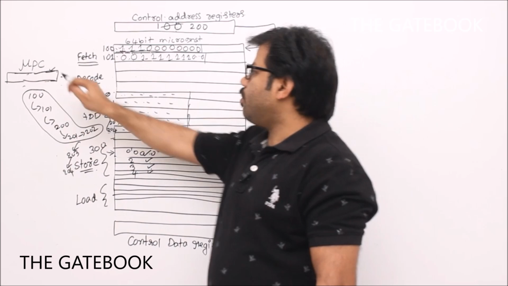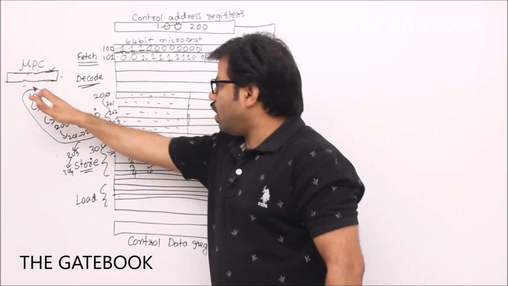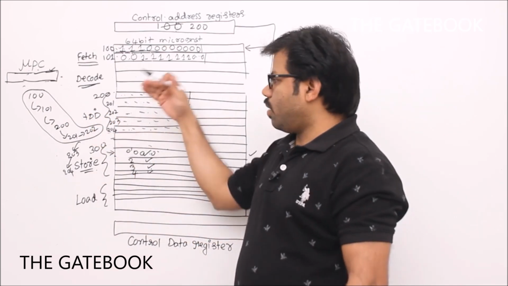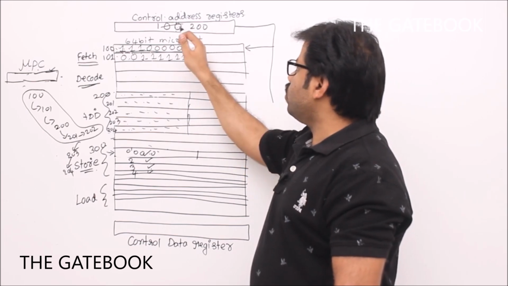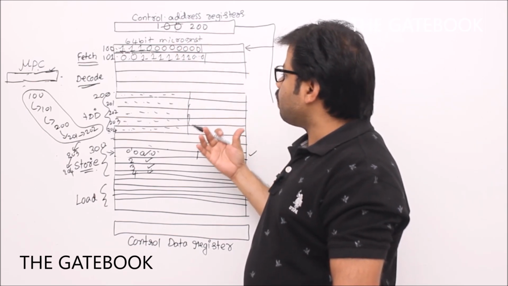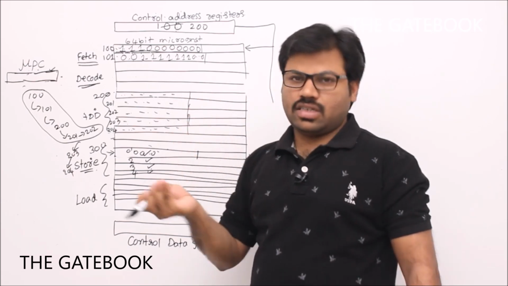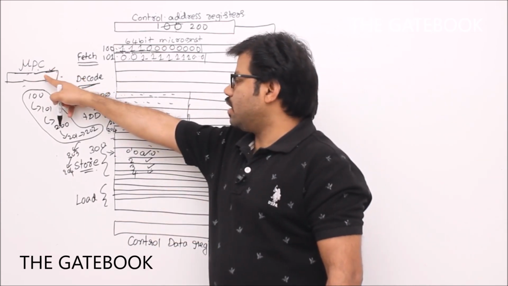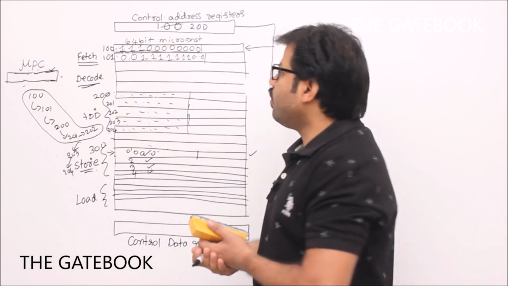We use the micro program counter to show the order of execution of the micro program, and we always use the control address register to index, that means to identify the right memory location to fetch the instruction. In that way, this address register can be separate. In that way we can plan.